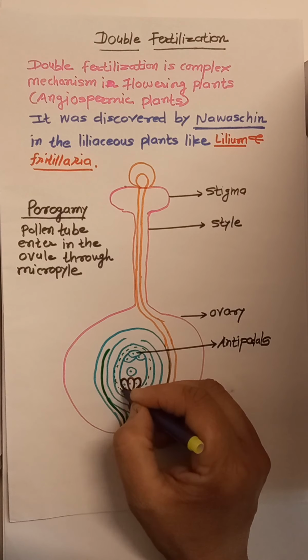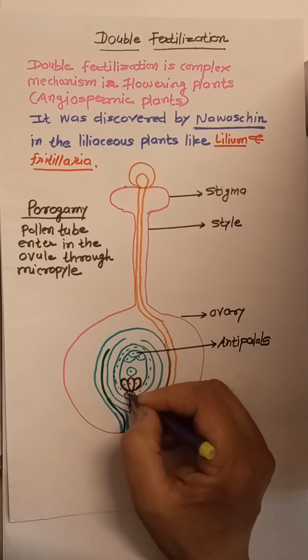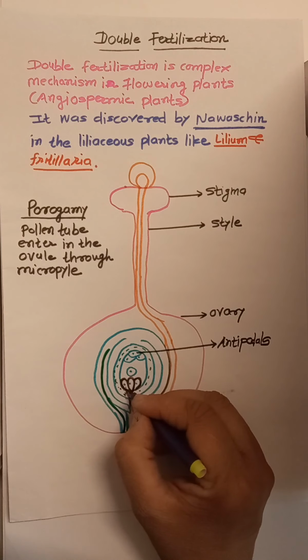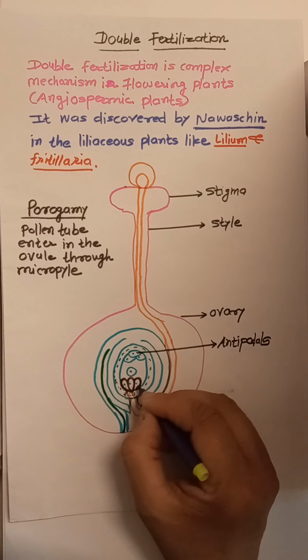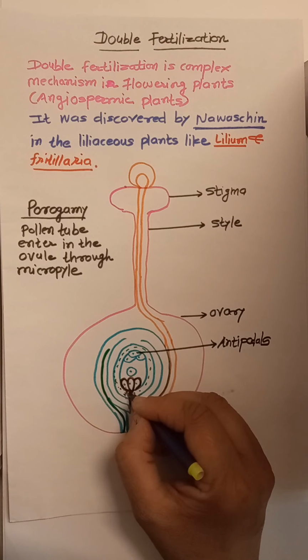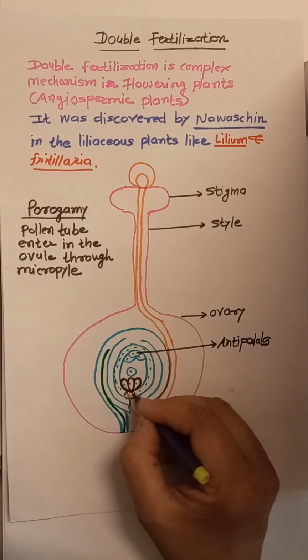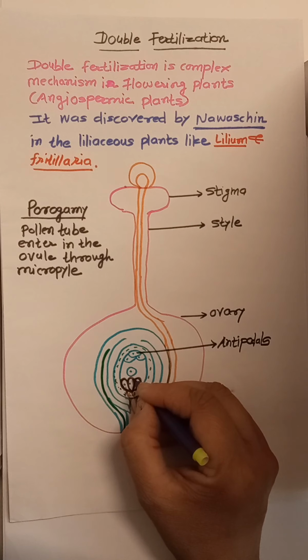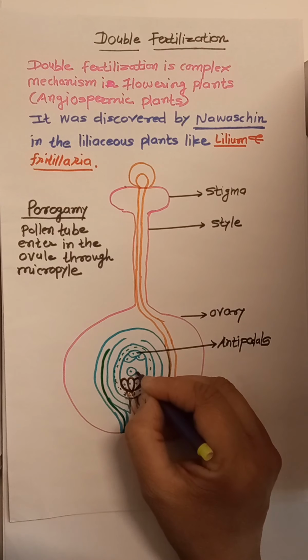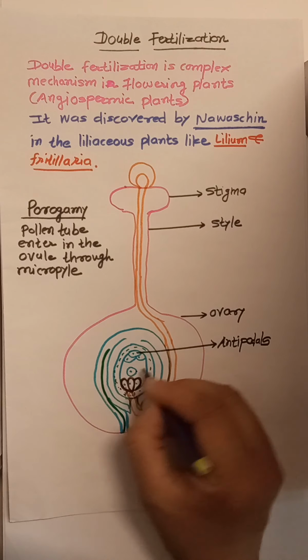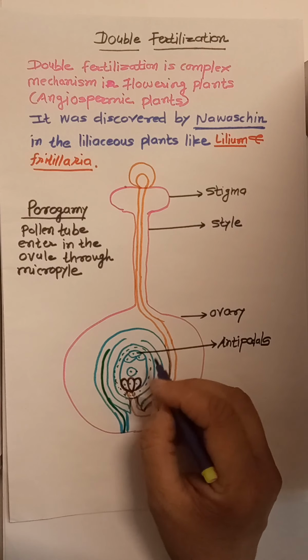So this structure is called as embryo sac or female gametophyte. Out of these 2 male gametes, one male gamete fuses with egg and another male gamete fuses with this secondary nucleus.